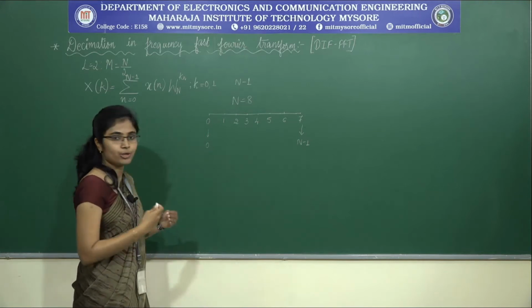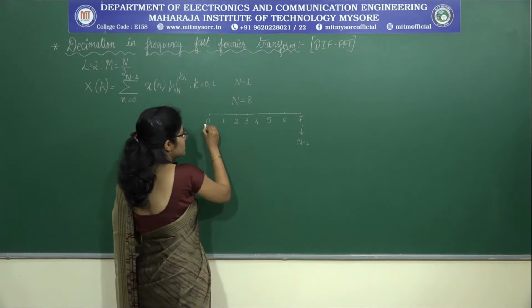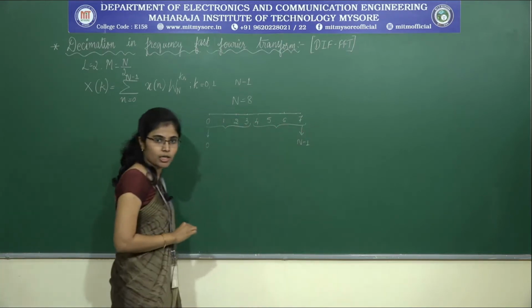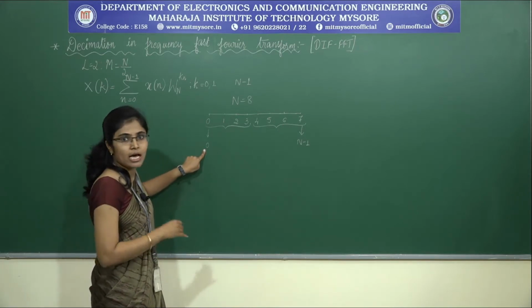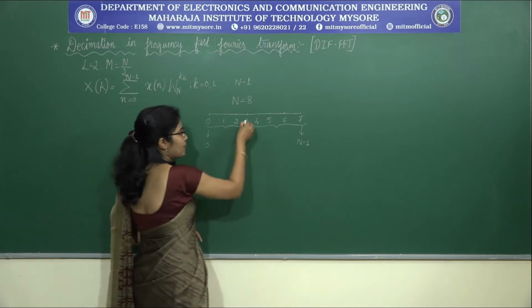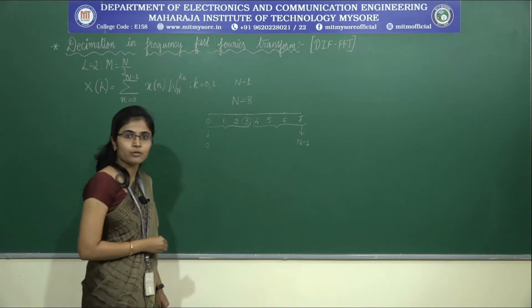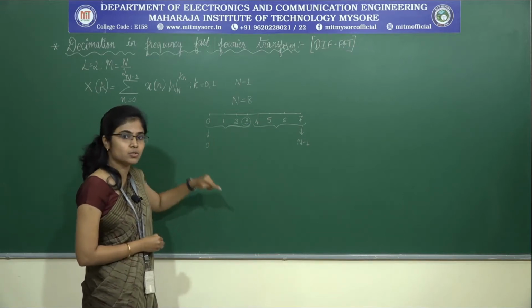In order to divide this summation into two equal halves, I group these terms and I group these terms. Initially the lower limit of the first summation starts from 0, and the upper limit should give us the index 3. For that, it is nothing but N by 2 minus 1.